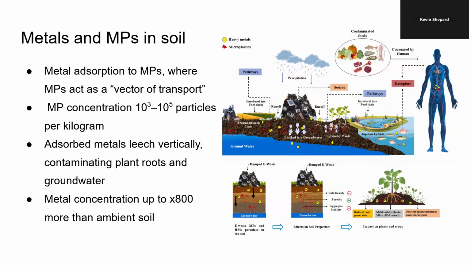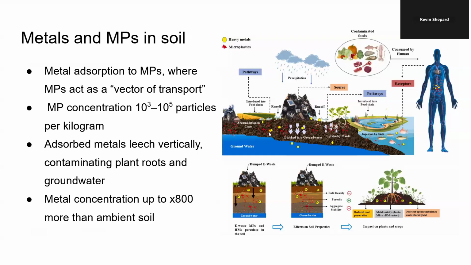Of course, this can then lead to root uptake and groundwater contamination, and then through the food chain, which can eventually go to humans. They can move through the soil and go down into the groundwater.